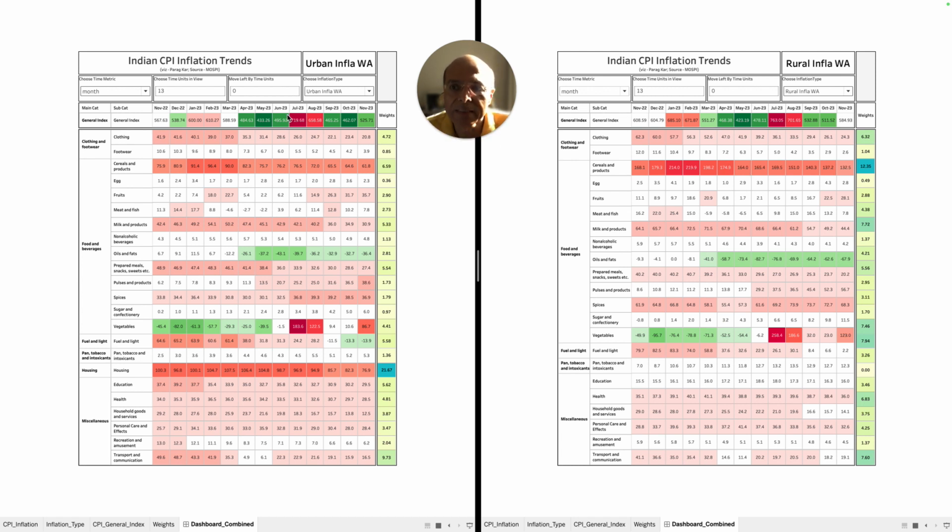Now friends, the first observation that anyone can make by looking at the general index is a startling fact that the rural inflation has been significantly higher. Or rather, not always significantly, but it has always been higher compared to the urban inflation. If you compare each and every month, for example last month, rural inflation was 5.84% and urban inflation was 5.25%.